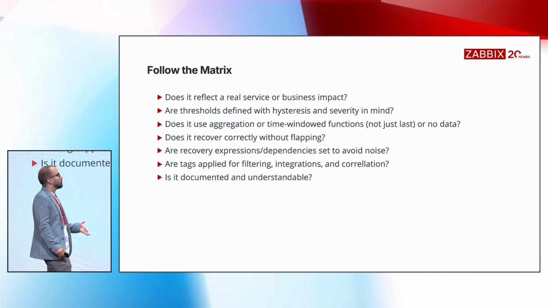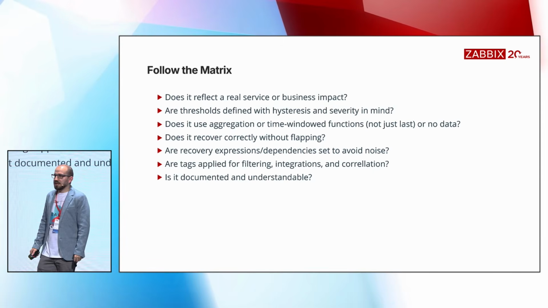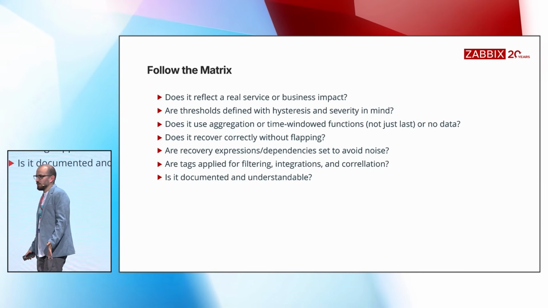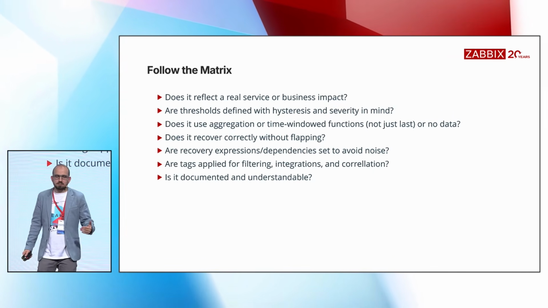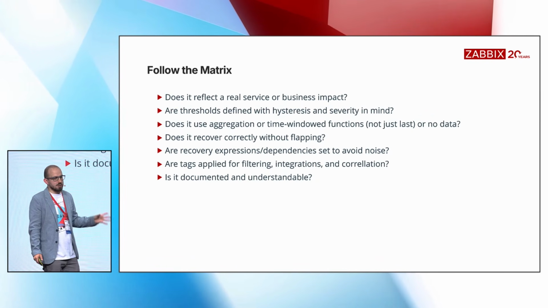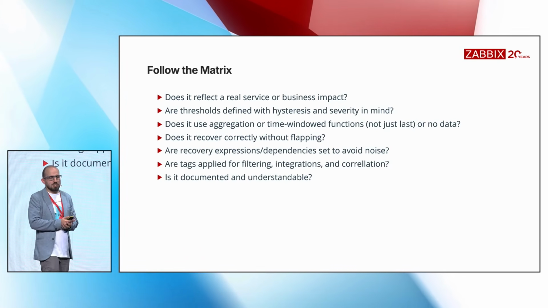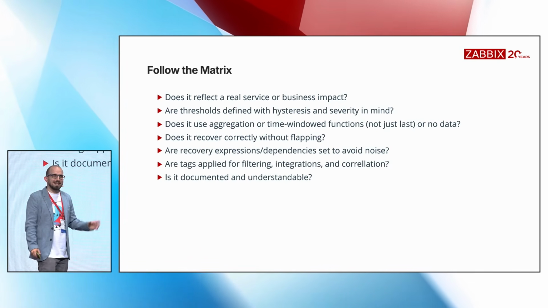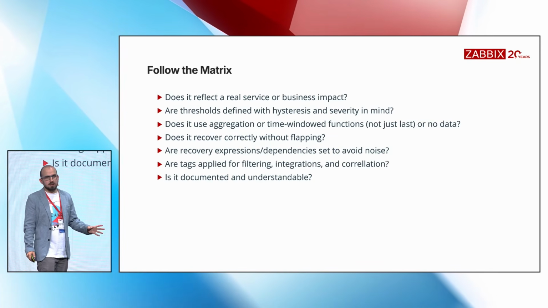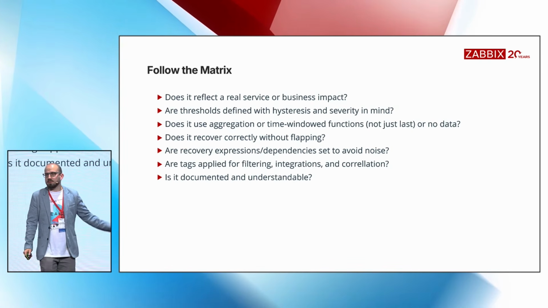And of course, follow the matrix here, right? Think about what you are building, double check what it reflects. Think, is the threshold okay? Is it a proper threshold? Check the history of the values before actually making something a threshold. And don't just make a single threshold, maybe an aggregated threshold. Then take a look at how the problems are detected. Don't ignore them just like, okay, the problems are detected, trigger works, probably will work fine.